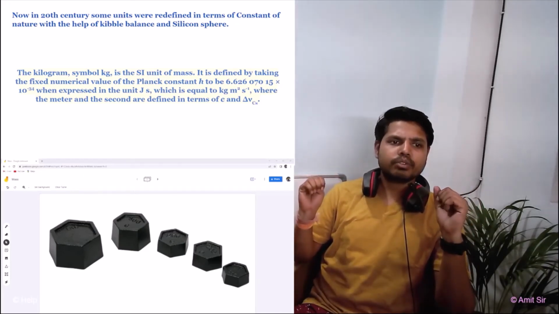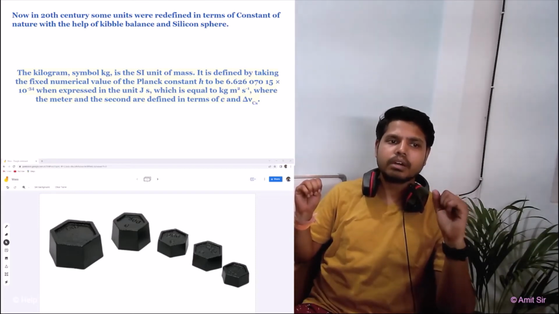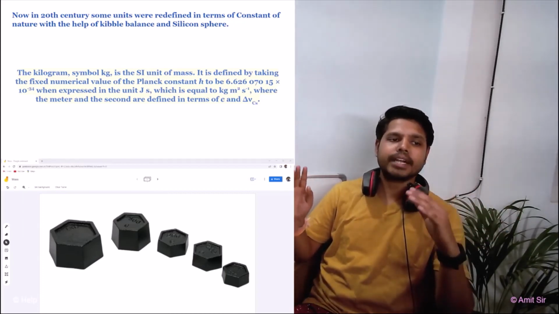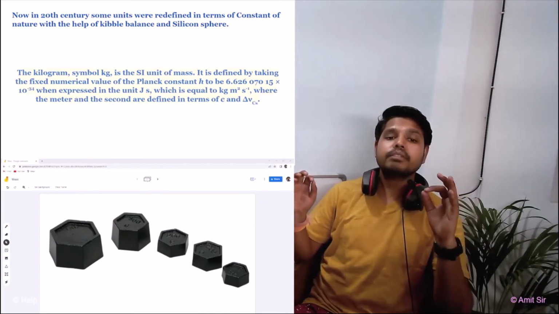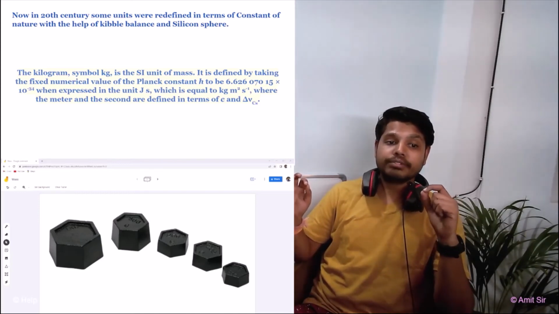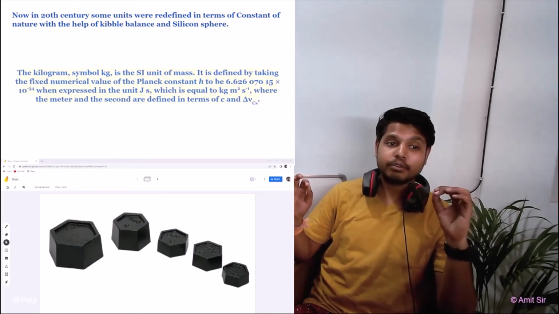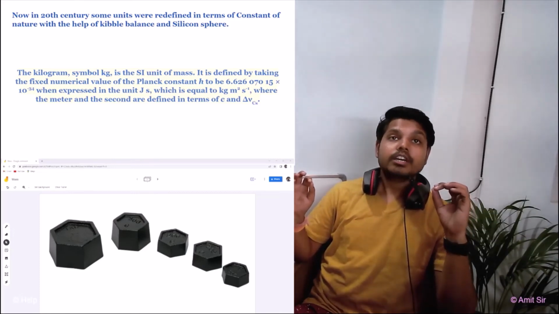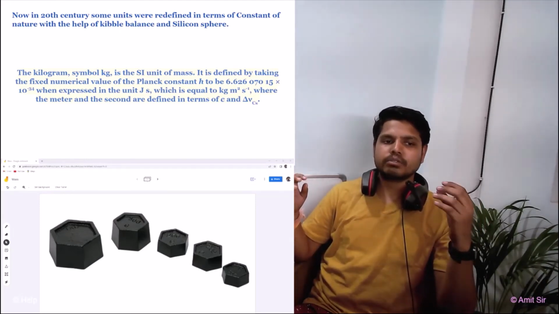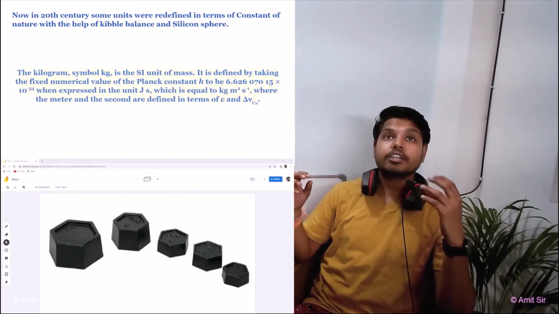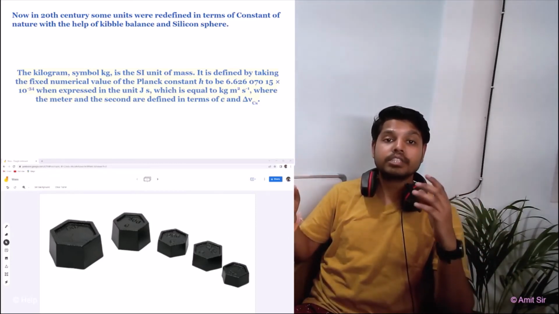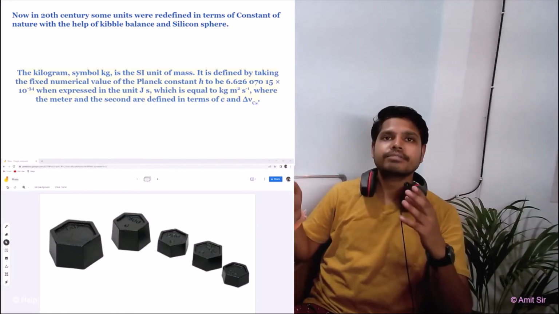So what is the definition of the kilogram in this century? The kilogram, symbol kg, is the SI unit of mass, and it is defined by taking the fixed numerical value of the Planck constant h, that is 6.62607015 × 10^-34, when expressed in units of joule second. And if we write this in terms of kilogram meter squared per second, the meter and second are defined in terms of the velocity of light and the frequency of the cesium-133 atom.